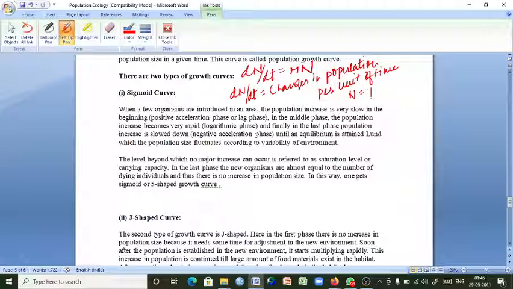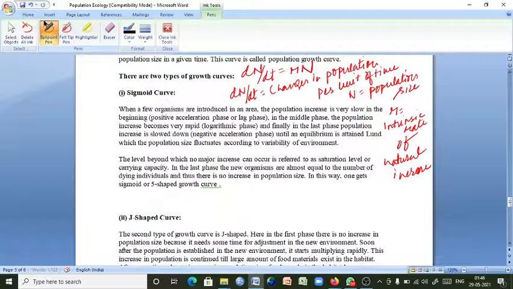The N is the population size, and small r is the intrinsic rate of natural increase.